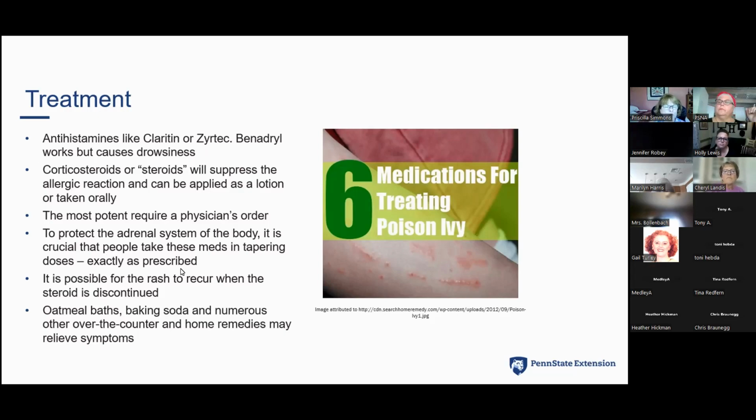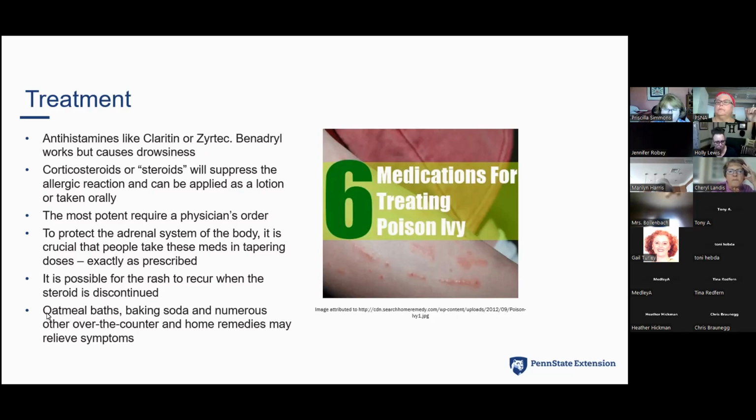So the tapering dose is really important. It is possible for the rash to recur after the steroid is discontinued. I wish that I had taken time to go and see a physician the last time I had a reaction and gotten oral steroids.